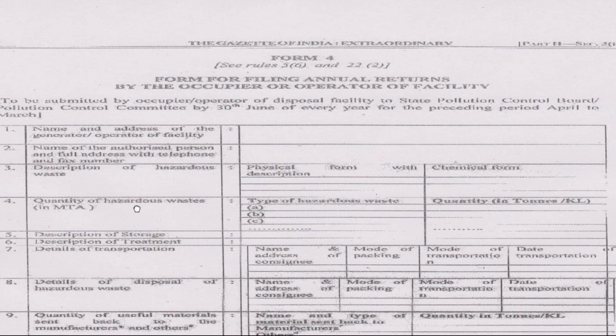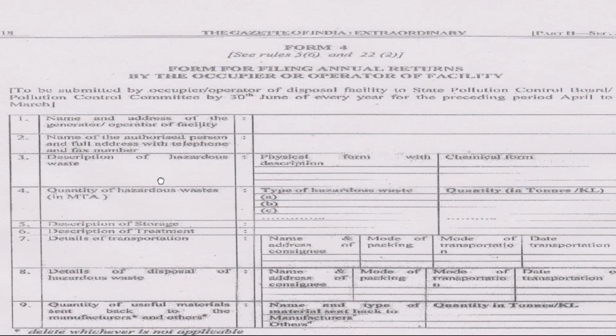That is name, address of the generator, operator, etc. Then the contact person, their description, then hazardous waste description, that may be in the physical form, chemical form. Then the quantity of that hazardous waste may be in liters, kiloliters, or in meter cube. Then the storage, description of treatment, details of transportation.